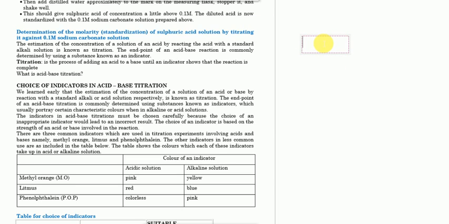So let's say it is strong acid versus strong base. In this kind of titration, we have a wide range of indicators. Actually, you can use any indicator. Strong acid versus strong base, you can use any indicator.